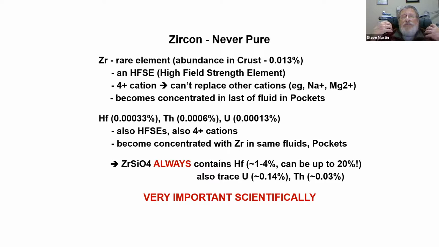And when zircon sulfate or silicate crystallizes out, it brings down hafnium and uranium and thorium with it. And zircon always contains hafnium in fairly large quantities, as well as traces of uranium and thorium. And that's very, very important scientifically, but I'm not going to talk about that this time.